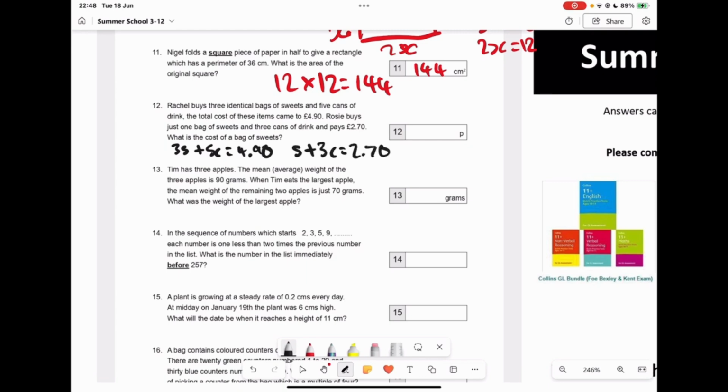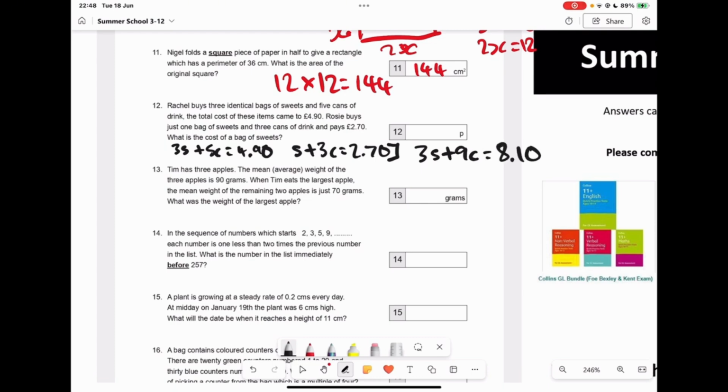So what we can do here is make the values the same, or find the difference. If 3 sweets and 5 cans costed £4.90 and 1 sweet and 3 cans costed £2.70, we can multiply this equation by 3, meaning that 3 sweets plus 9 cans will equal £2.70 times 3, which is £8.10.